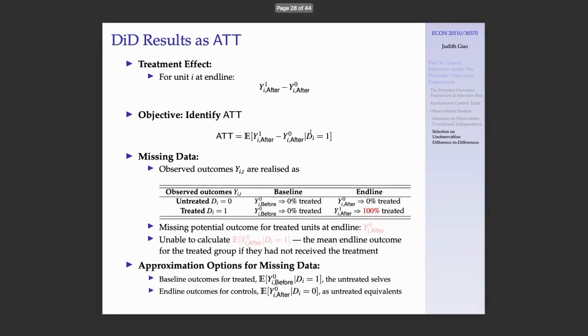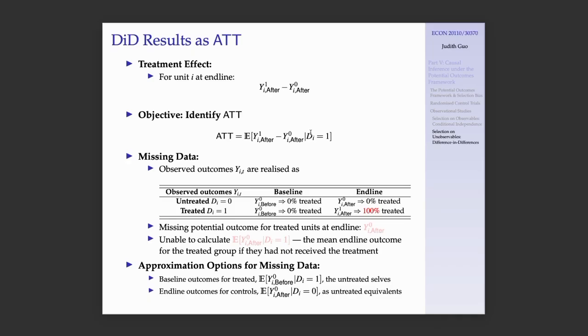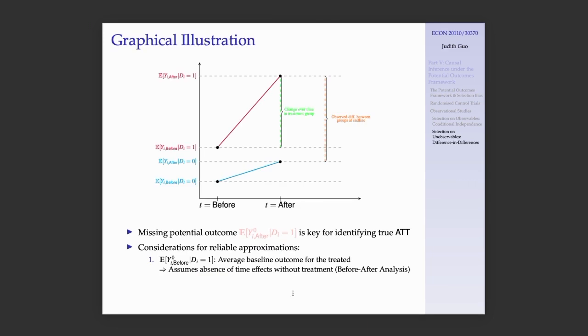So the before and after analysis, as well as the cross-sectional comparison, basically propose two possible candidates. One is the untreated self, so those in the treatment group and their actual outcome at the baseline. Or we could use the control group end-line outcomes, because the Y naught at the end line for those in the control group are observed. But would these two observed outcomes provide a reliable approximation to what we have?